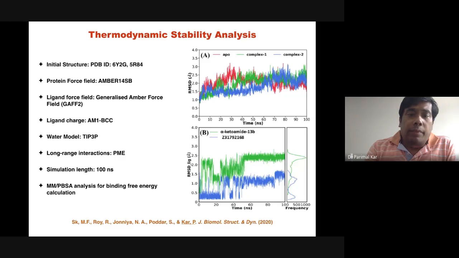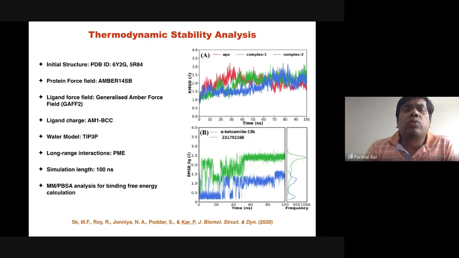And then I said that the electrostatic interactions are long range in nature, and they are also pairwise. You have to consider all possible pairs. Now, this is a big protein, so if you consider all possible interactions, then your simulation will be hampered.